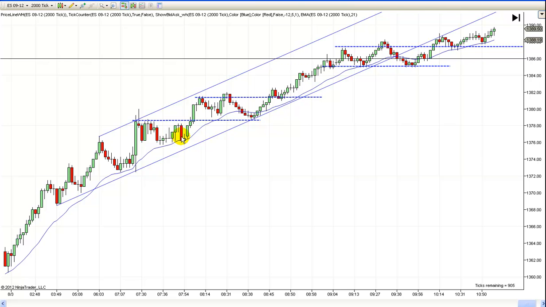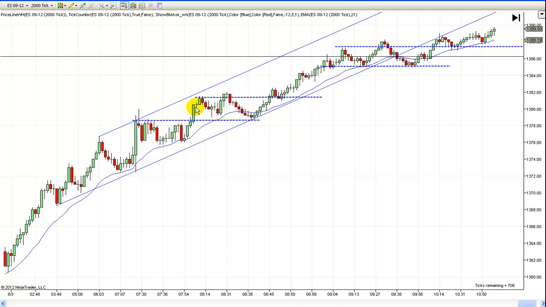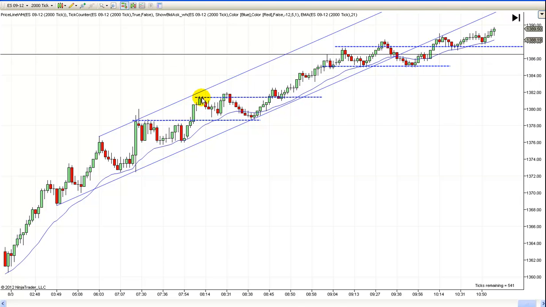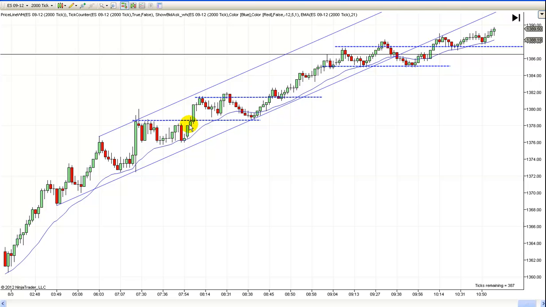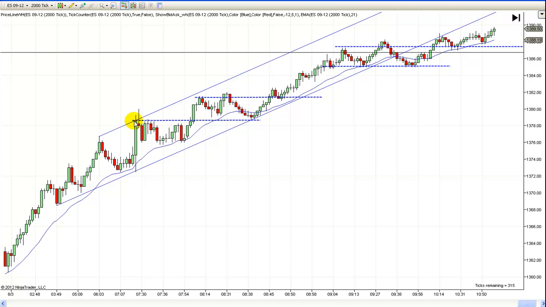And as soon as they get short right in here, prices rocket straight back up and go right where they thought they were going to go the first time. So they lose a couple of points on this trade, and then they're short, and they lose a couple more, and they've lost 4, 5, 6 points. If they'd just stayed with their original trade, they'd be up a couple of points instead of down 3 to 4 or 5 points.